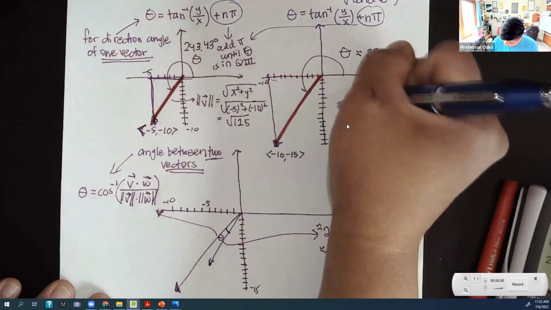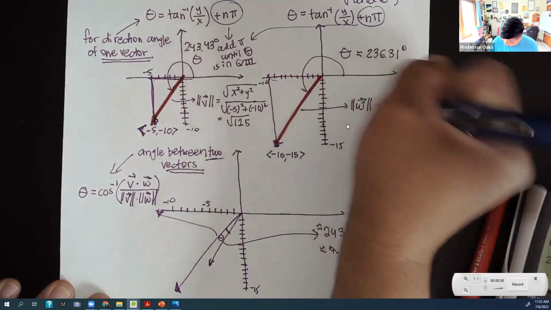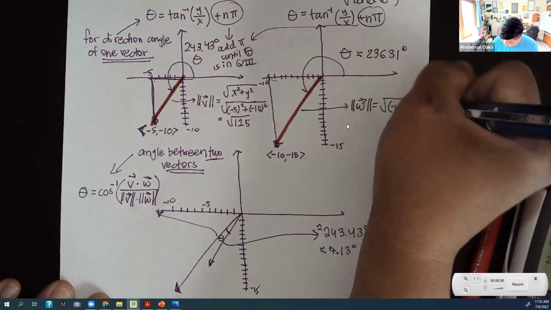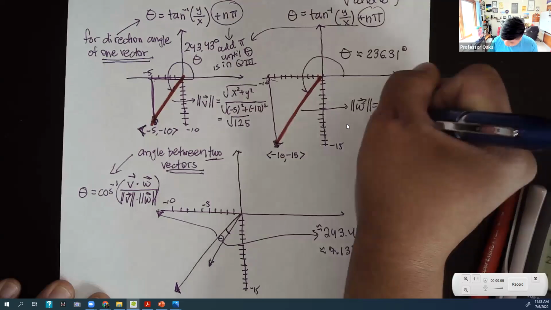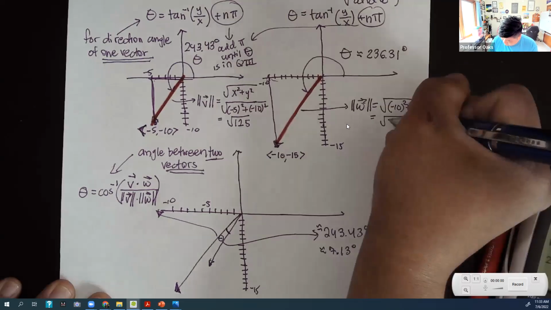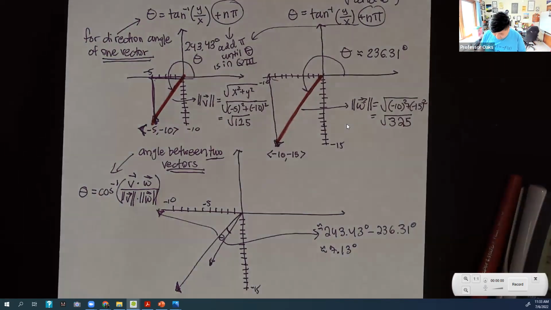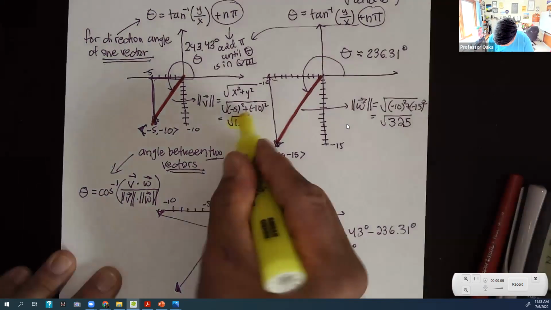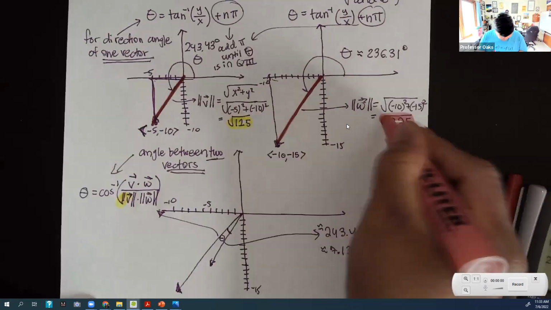And the magnitude of that vector is square root of -10 squared plus -15 squared. So that's square root of 325.